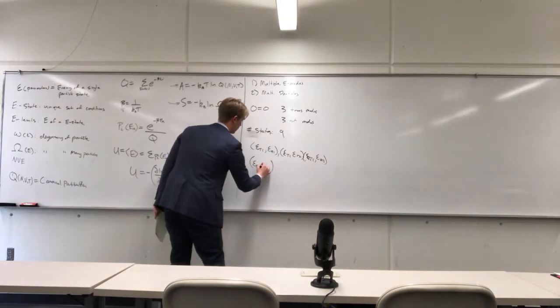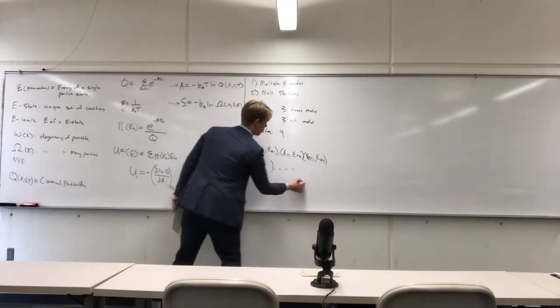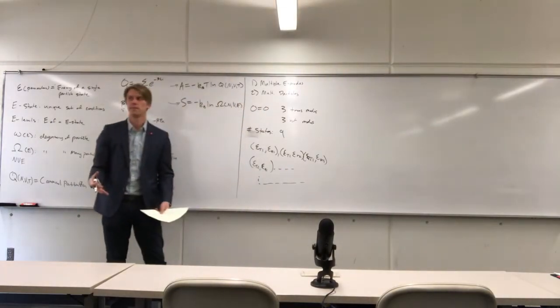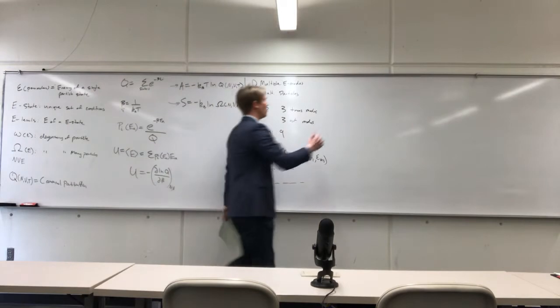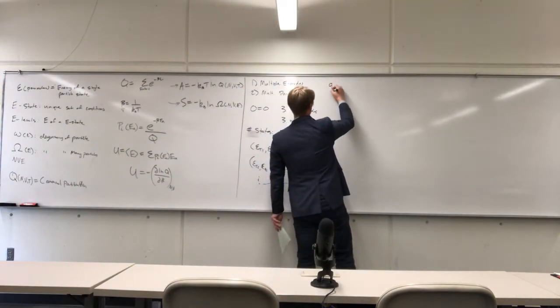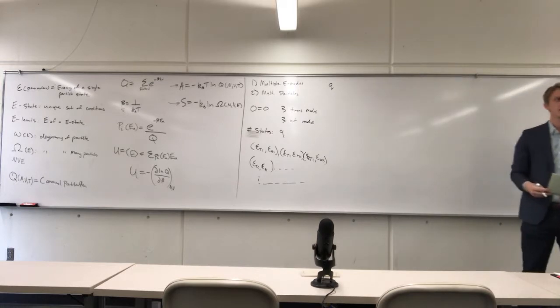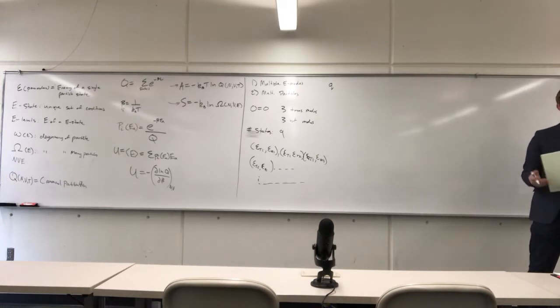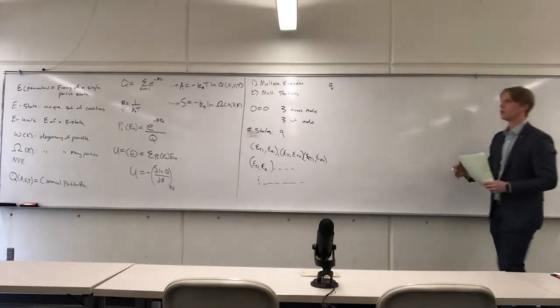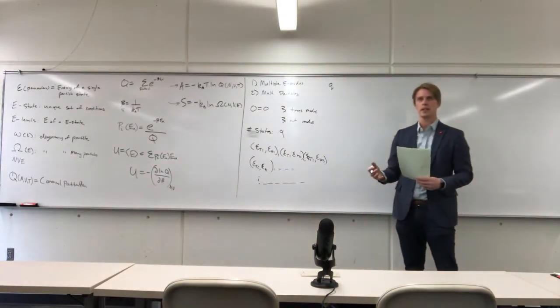Translation 2, energy rotation 1, and so on and so forth until we list all 9 of them out. So what we want to write now is the single particle partition function for this simplified system. Our objective here is we're writing a simplified system, and then from the simplified system, we are going to be generalizing it and scaling it up.